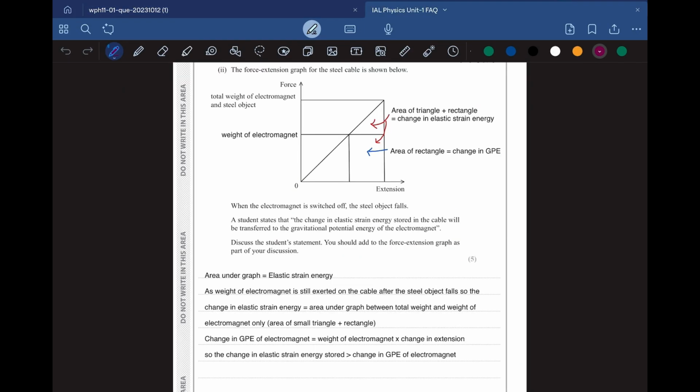Here I have written it more accurately, that this whole graph includes the area of the triangle plus the rectangle. This area of the triangle includes the change in elastic strain energy when the steel object fell and the electromagnet moved up.